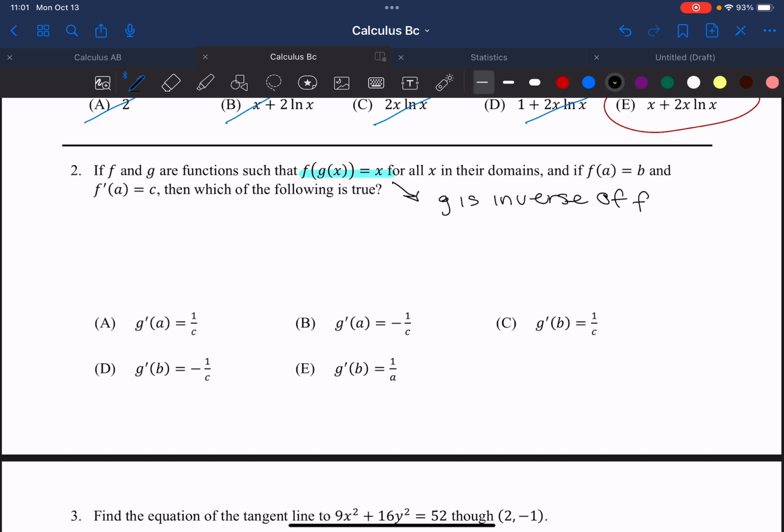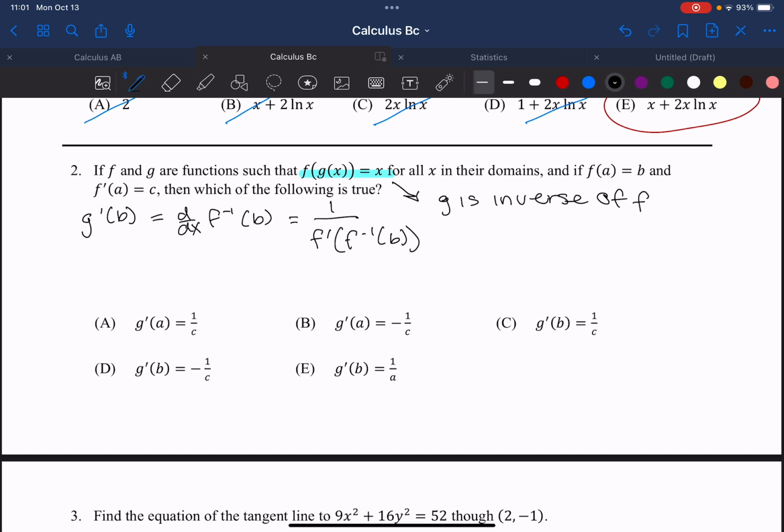So what we need to find is that g prime of b is going to be equal to the derivative of the inverse of f at b. Well, the derivative of the inverse of f at b is going to be 1 over f prime, the derivative of f at b.